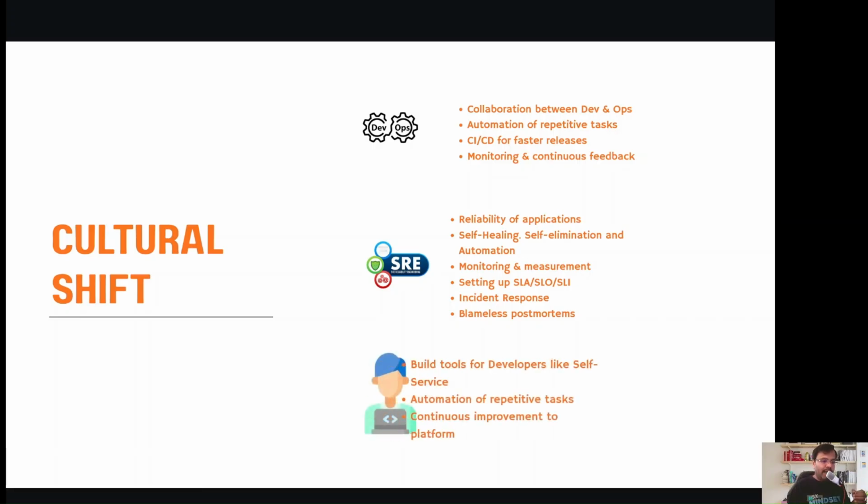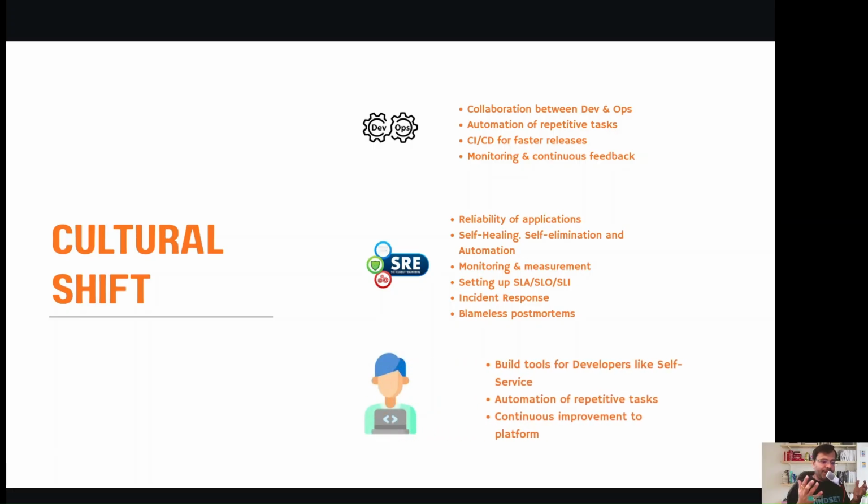The last one is the platform engineer. The platform engineer focuses on building self-service tools for the developers. It is basically you are setting the path on the road for the developers. They also focus on identifying areas of automation, and on continuously improving the platform for deployment.